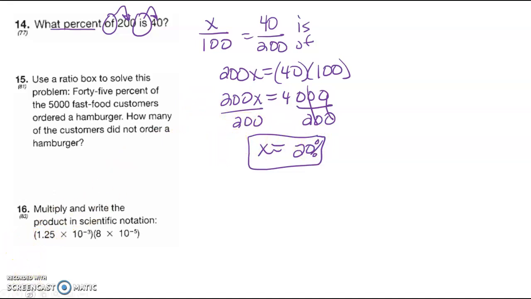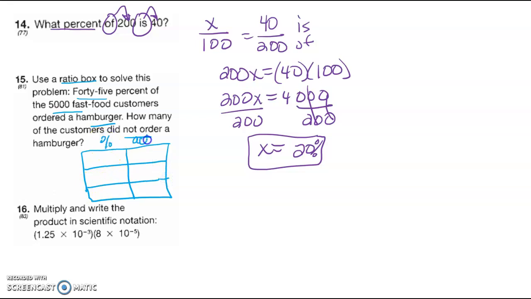Let me change colors because I'm running out of space yet again. This says use a ratio box. 45% of the customers, of the 5,000 fast food customers, ordered a hamburger. And then it says how many did not. So let's go ahead and make our ratio box. So we have percent and actual.